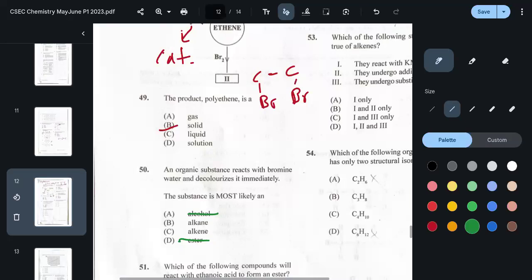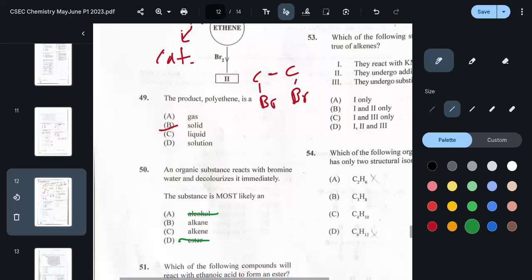How will you decide, is it alkane or alkene? How can you differentiate an alkane and alkene? What would you use? The bromine water becomes colourless when it reacts with the alkene. Right, but nothing will happen with the alkane, unless you do it in the presence of what?